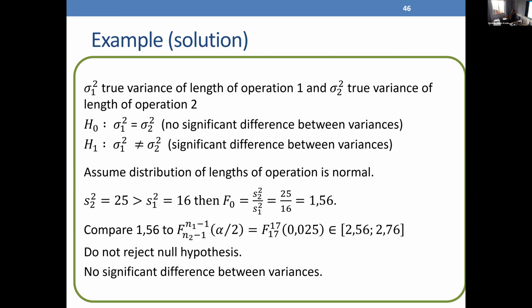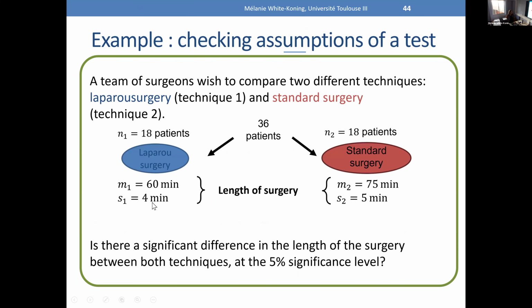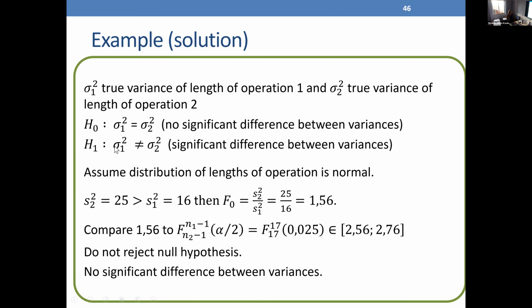So here, in this example, we're checking whether these real variances are not too different before we compare the means. So we do the same, but use a bilateral two-sided alternative hypothesis. We can see that the variance of the second group is greater than the first group, so we do it this way around. So 1.56 is the test statistic, and we look for Fisher 17, 17 for 2.5%.